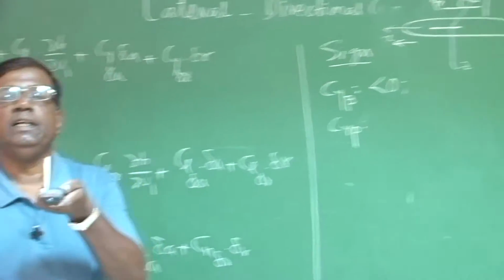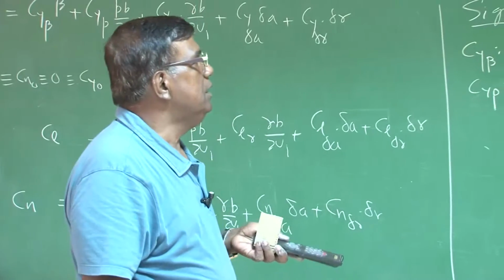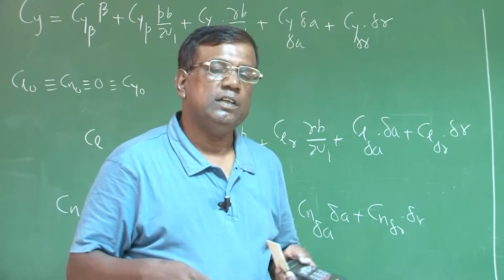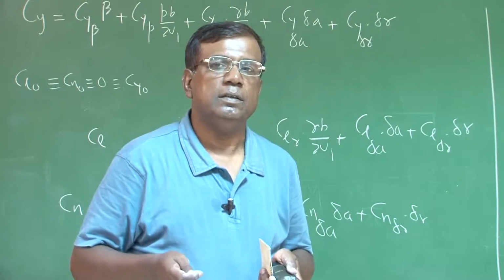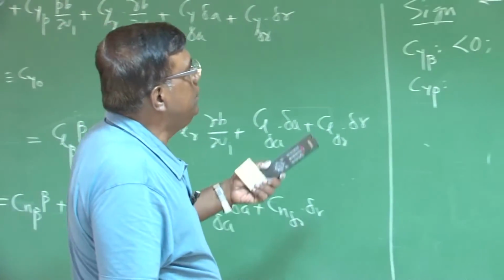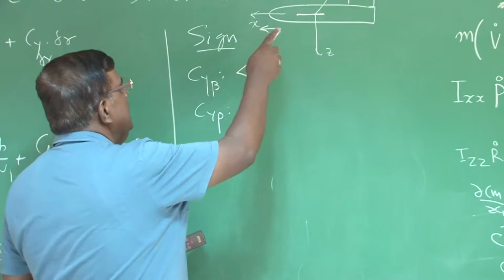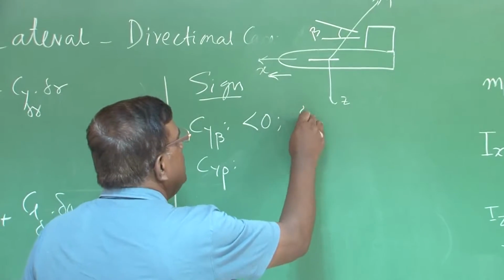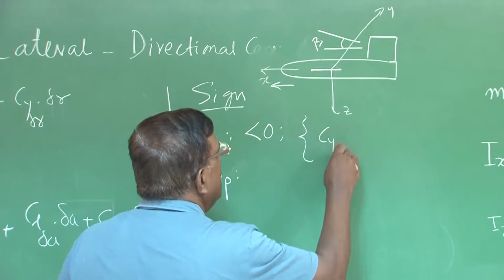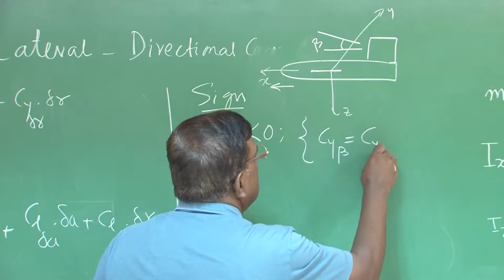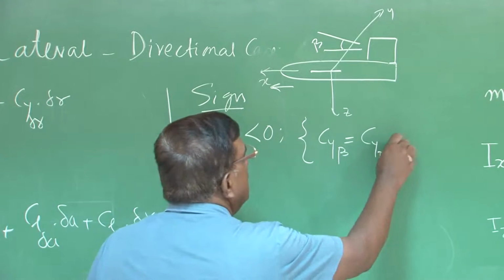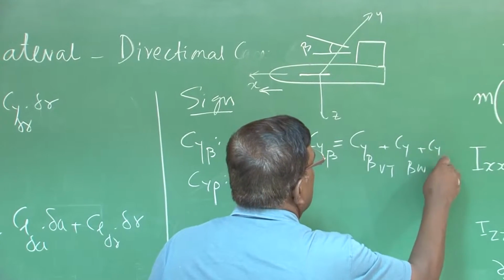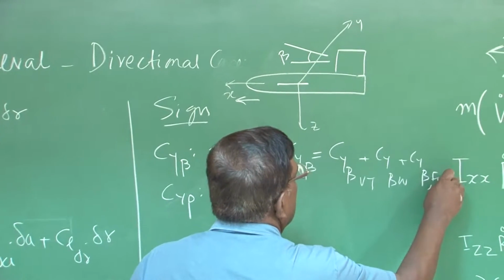If we take only the vertical tail, please understand that the sign of the whole derivative should be seen as a combination of all the components. We are discussing the sign of Cy beta, and we have seen that Cy beta because of the vertical tail will be negative, but please understand Cy beta will have components from the vertical tail, the wing, the fuselage, all this, right?